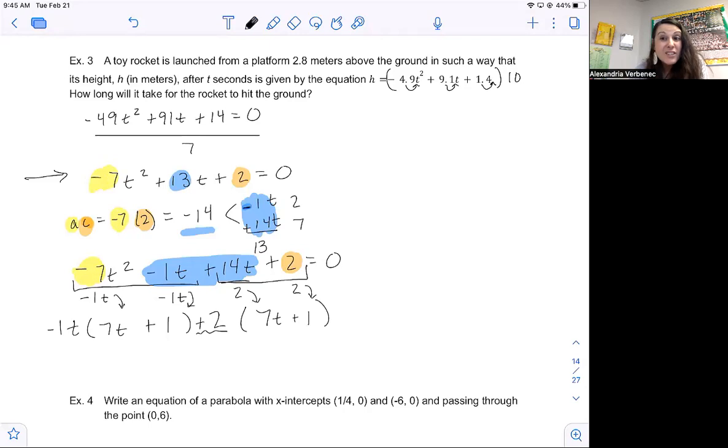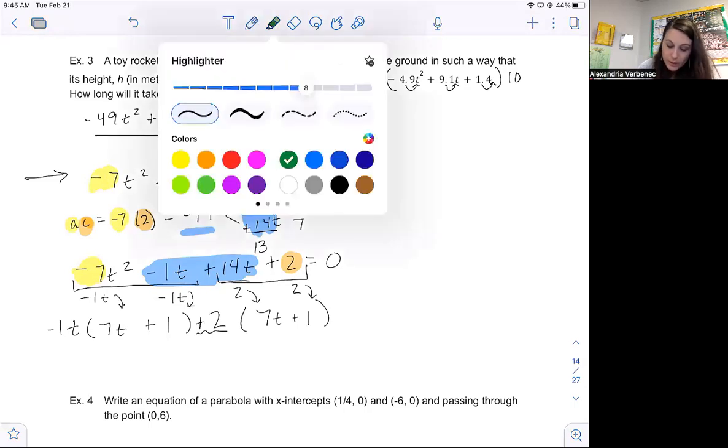I'm going a little faster this time, so if you need to pause me, feel free to do that. I'm seeing that it's working out really nicely, that my 2 parentheses are identical. Everything's working how I thought it should, so I can move on to the next step, which is to write the 7t plus 1 a single time, and then another set of parentheses, which puts my GCFs together.